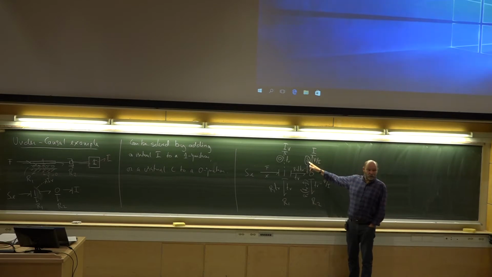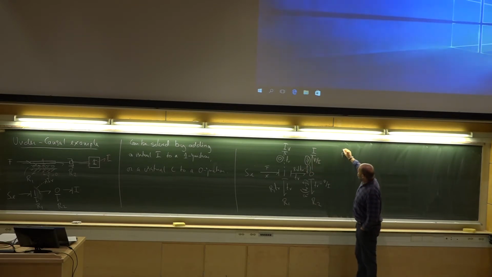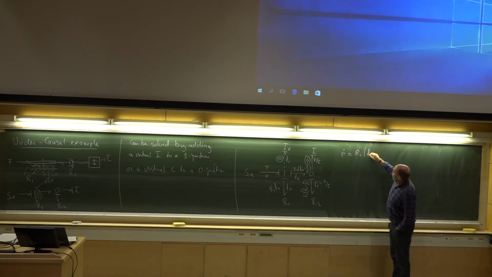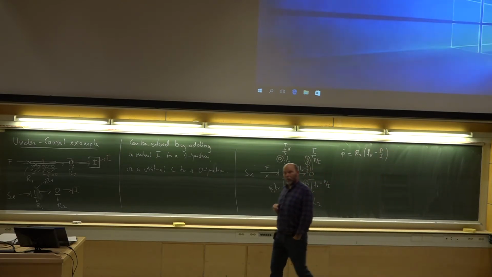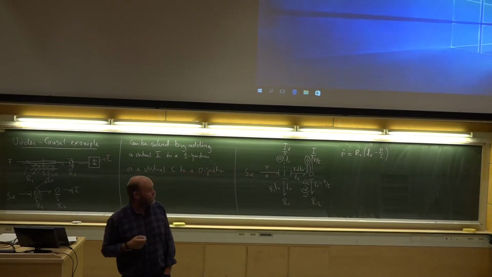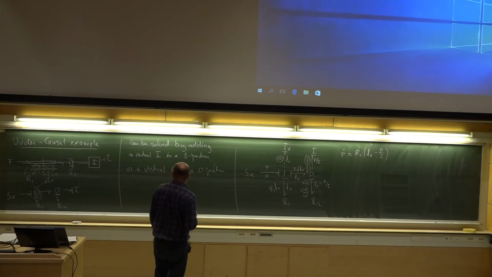But I had P dot there already, so P dot has to be equal to R2 F virtual minus P over I. So there I actually have my ordinary differential equation, just the one, because what's the order of the system?